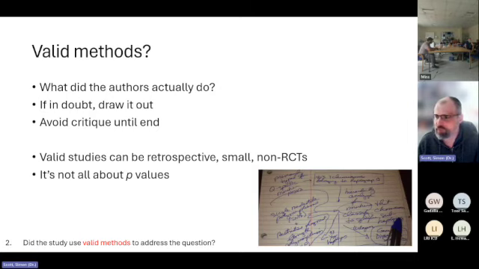Draw out a diagram, how things link together, which group leads to which group, what numbers were in which group, and try not to criticize it as you're doing it. Just say, all right, this is the method used. Let me just be clear what they actually did. And then at the end of that, you can say, well, that's just bonkers, why did they do that? Or you can say, well, actually, that's quite elegant and quite nice, and they have justified it.